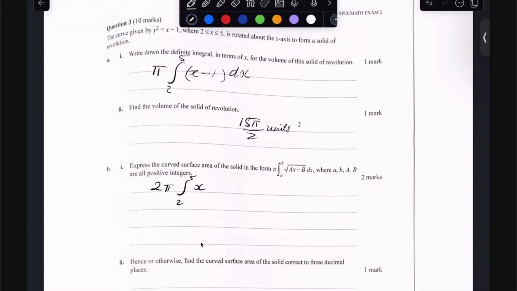No, it's y, and then times by the square root of 1 plus dy dx squared.